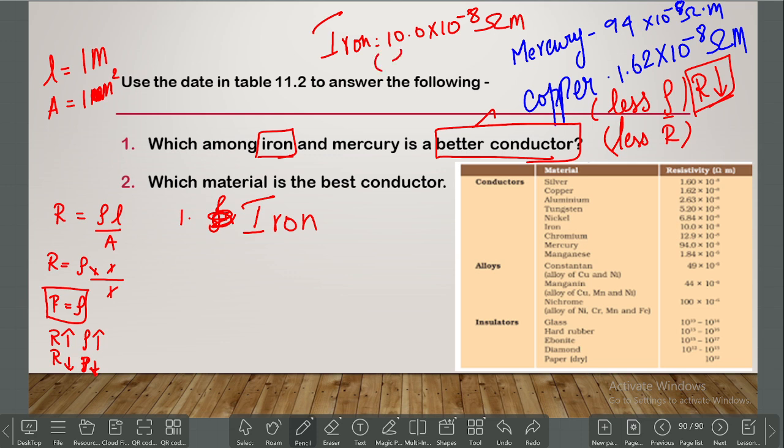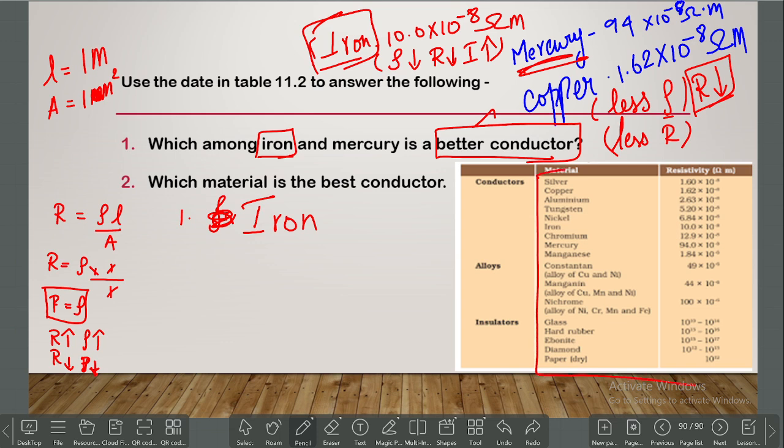This also has less resistivity compared to mercury. If resistivity is less, resistance will be less, and current will flow easily through which material? Through the iron.